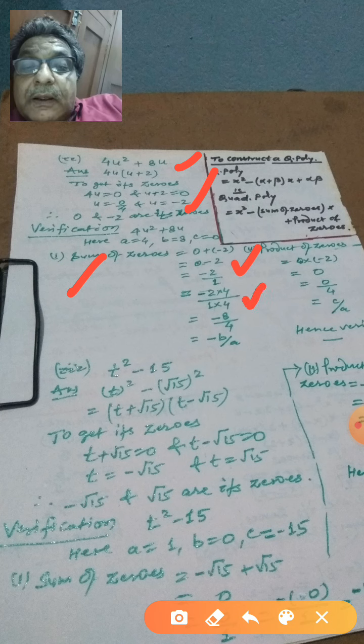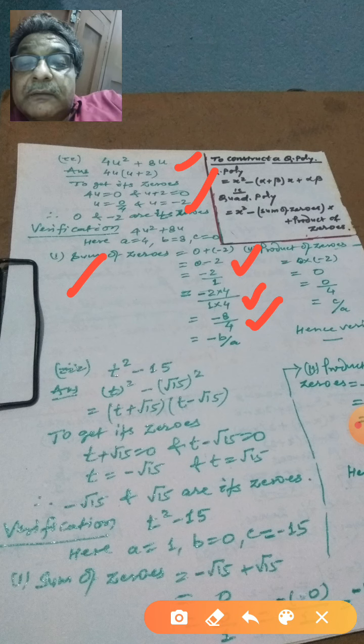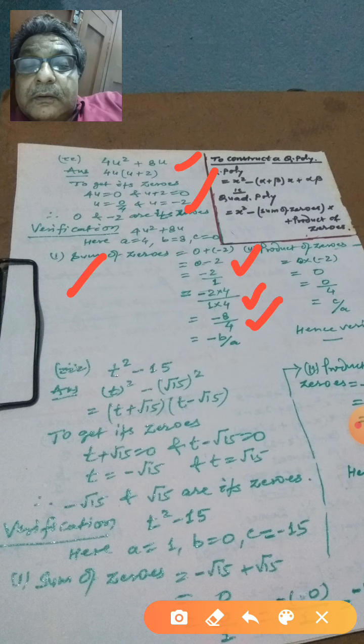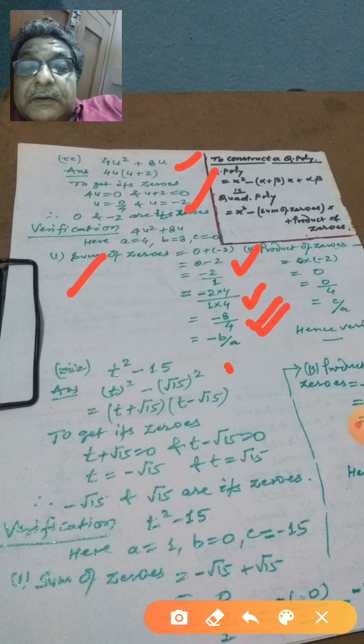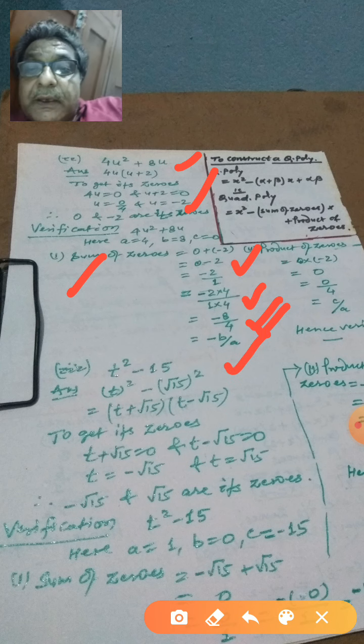We multiply both the terms by 4, and then we get minus 8 by 4. Why have we done this? Since our a is 4, the denominator should be 4, so that's why we have multiplied both the terms by 4. Finally we have got minus 8 by 4, which is equal to minus b by a.